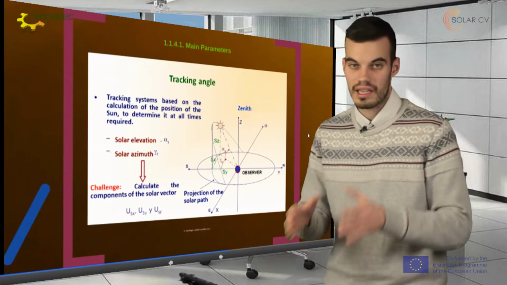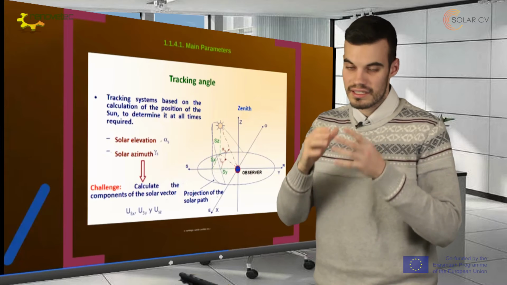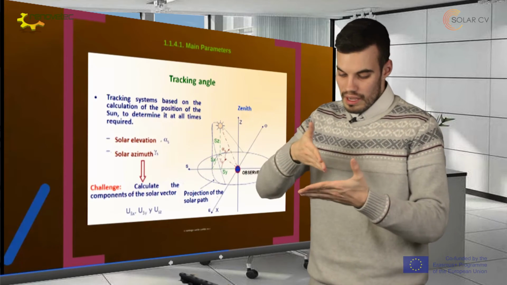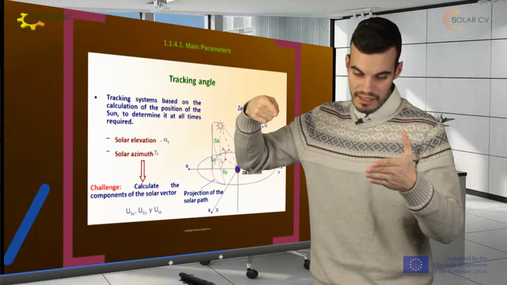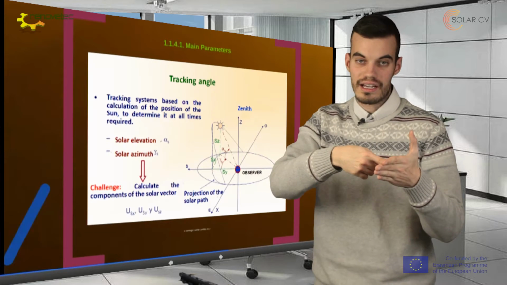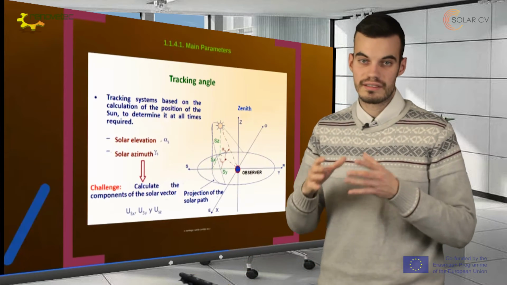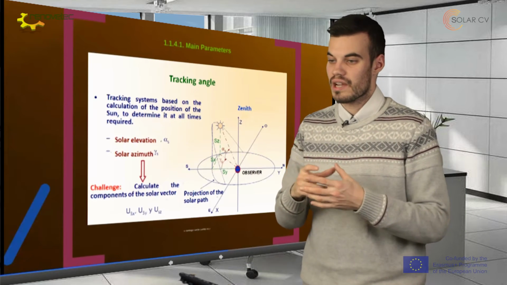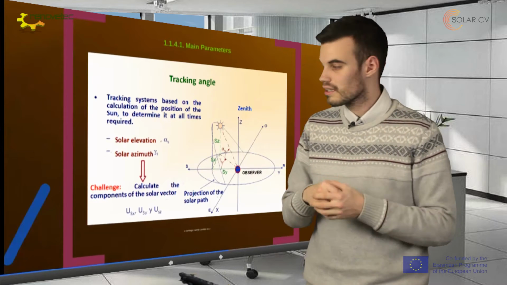And now, because we need that this incidence angle is 0, because our main objective is that the solar ray hits with 0 degrees, we are going to have a tracking system with 2 axes, or if we haven't got enough money, we are going to have just 1 axis.